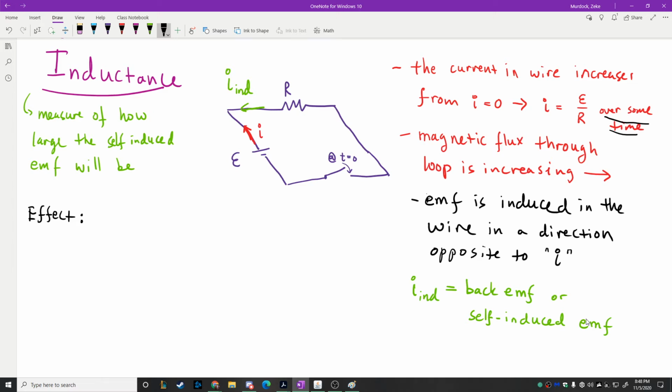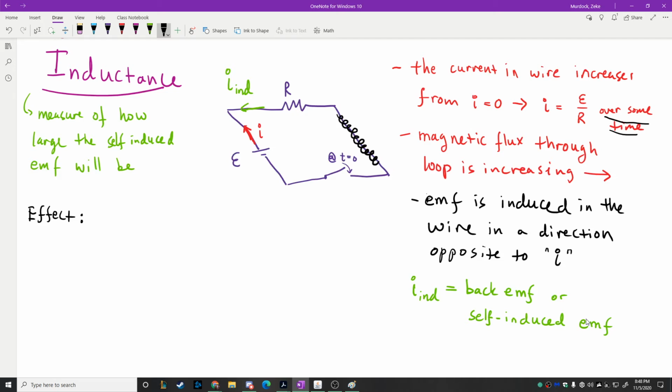Okay? So if you have a circuit that happens to have within it something like a solenoid, an object that just has a whole bunch of coils in it, right? Imagine that you design a circuit and you intentionally fill it with a whole bunch of coils of wire like this. Well, that's going to cause an even bigger self-induced back EMF.